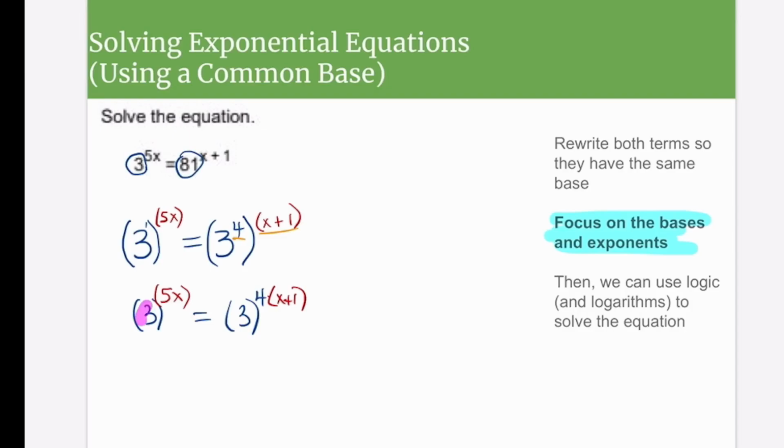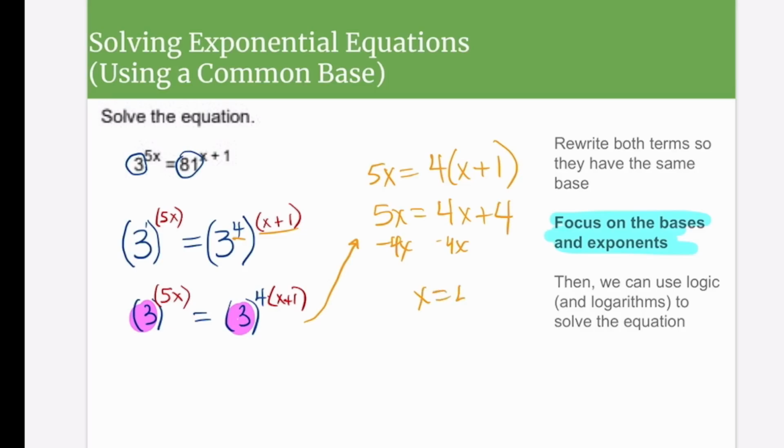So now we have common bases. Both bases are 3. Those are equal, which means our exponent 5x has to be equal to the other exponent, 4 times x plus 1. And now we just solve this as we normally do. Minus 4x. And there's your answer.